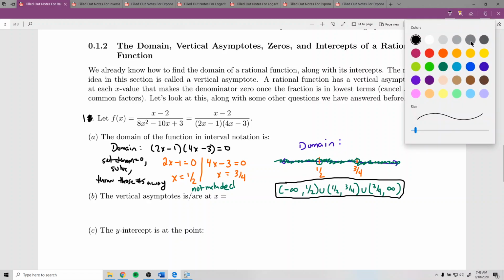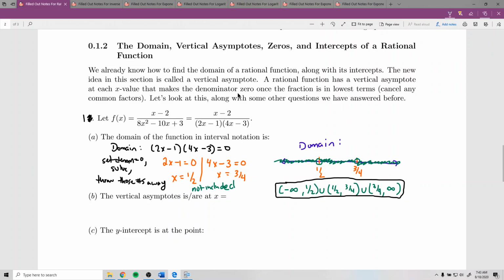Now the vertical asymptote's the new thing. Honestly, you kind of just look at these numbers and see, do I need to use them all or not? What I mean by that is when we look at the factored version for the vertical asymptotes, can any factors be canceled? And the answer here is no. You can only cancel a factor on the top and bottom if it's exactly the same.